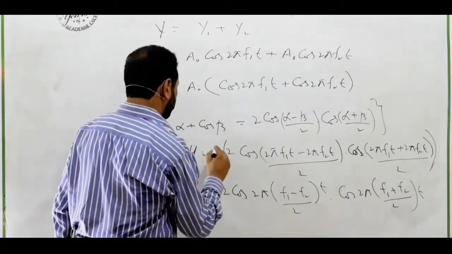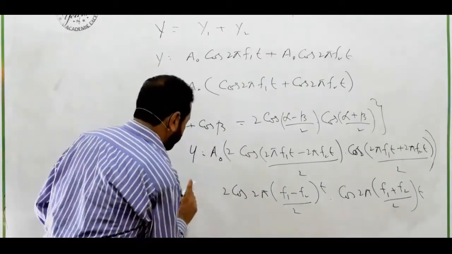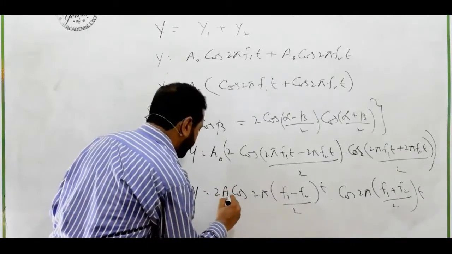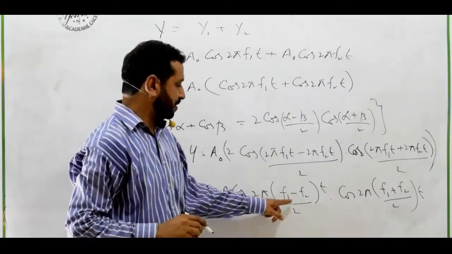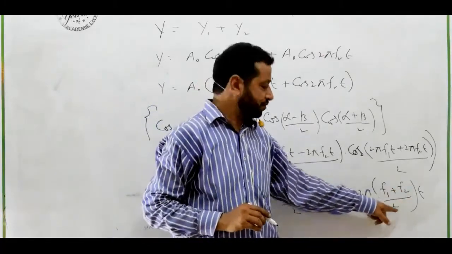Here, as well, y is equal to 2 A naught cos of 2 pi (f1 minus f2) t upon 2, and cos of 2 pi (f1 plus f2) upon 2 t.